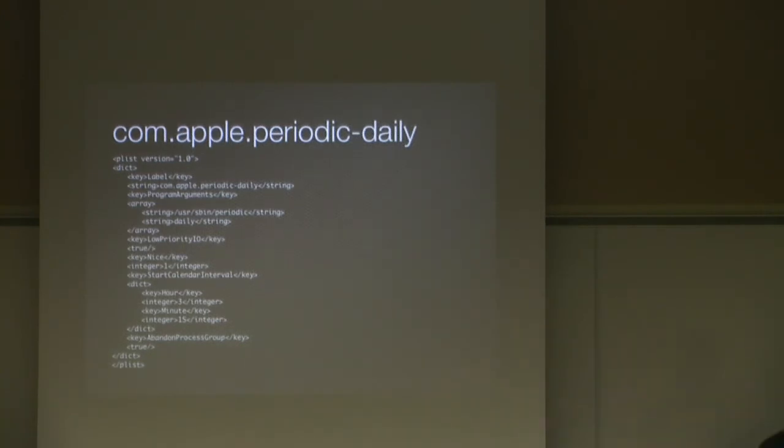So you set the minute to 30, and then every time that's true, it would run. Basically, the minute key would cause it to run hourly whenever that minute value was.